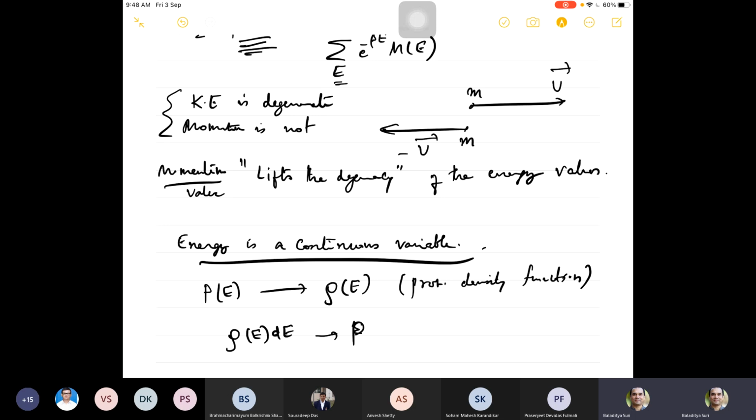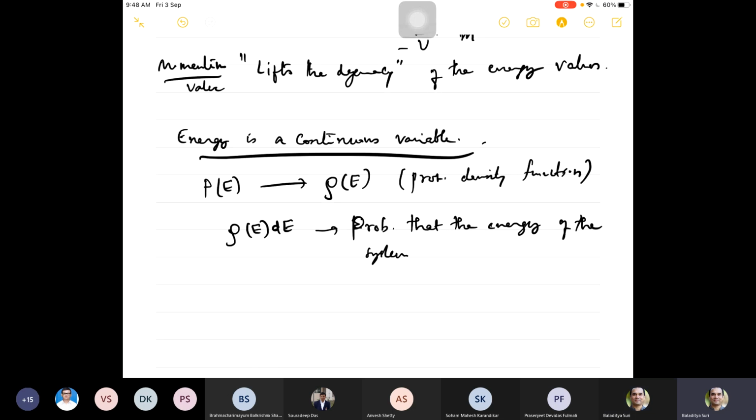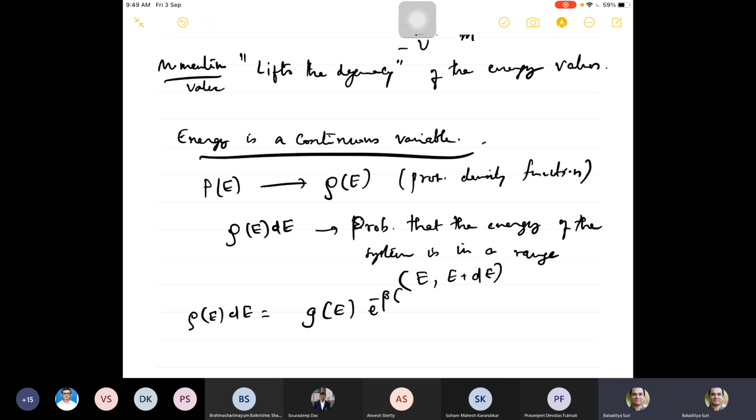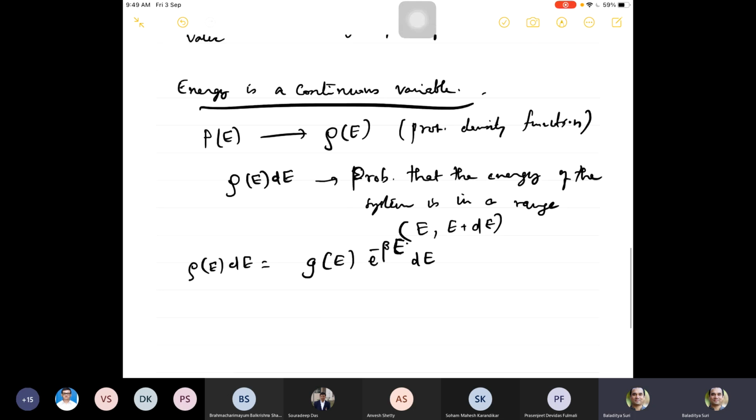The probability that the energy of the system is in a range E to E plus dE is usually written as rho of E dE equals G of E e to the power of minus beta E dE, where this G of E is now called the density or the energy density of states.